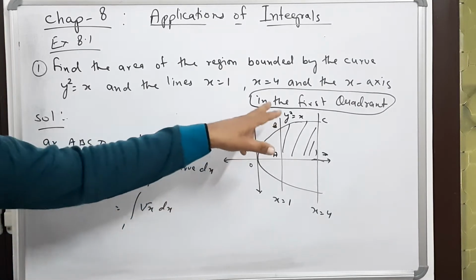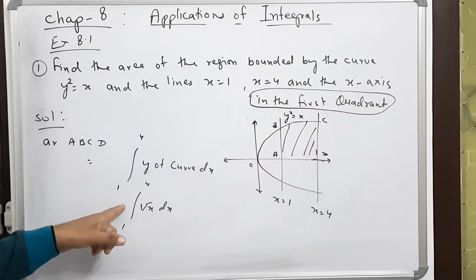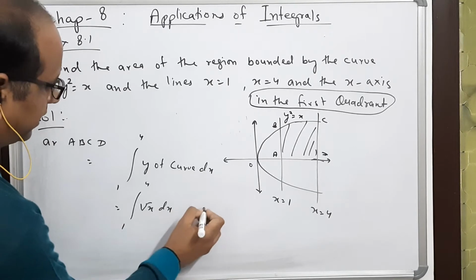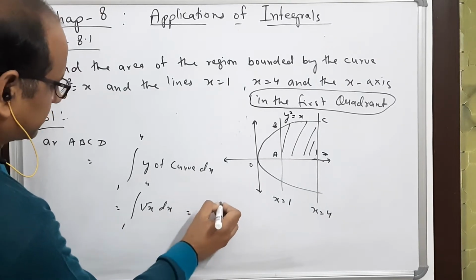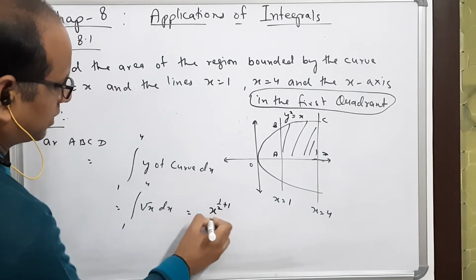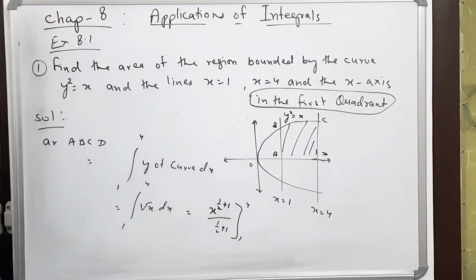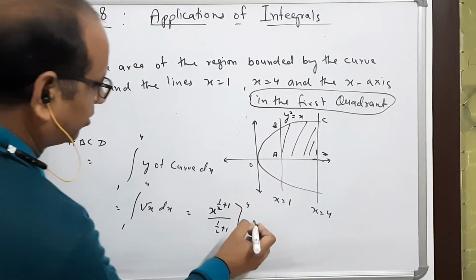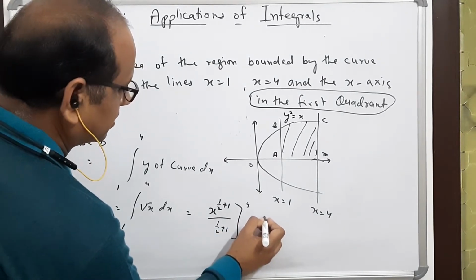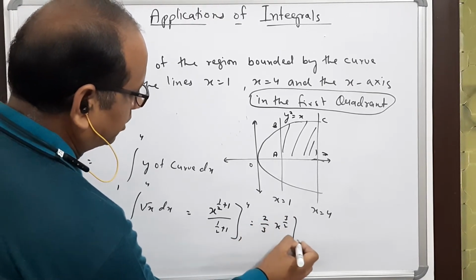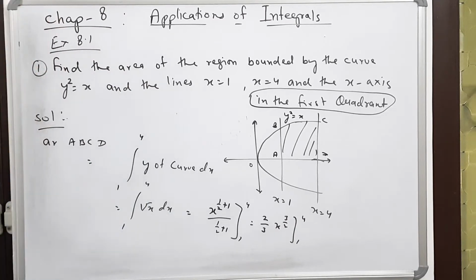And if the first quadrant is not given, we will write 2 times here. That is the only difference. So here the integration is x power (1/2 + 1) over (1/2 + 1), with limit 1 to 4. I hope this part is clear. So now it is 2/3 x power 3/2, with limit 1 to 4.